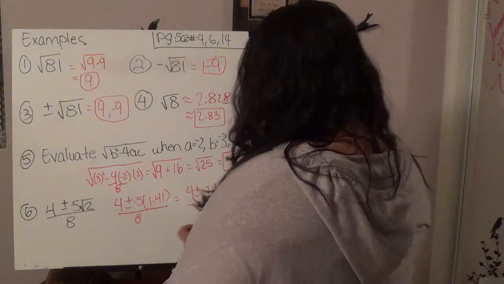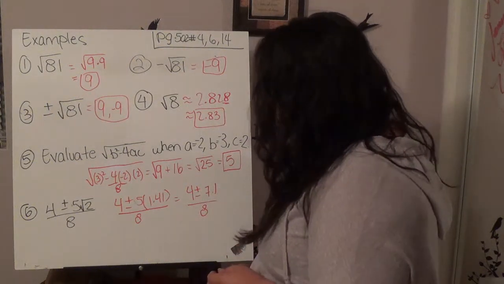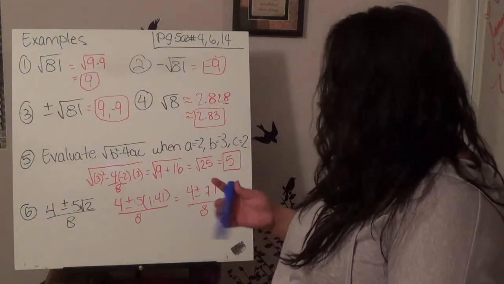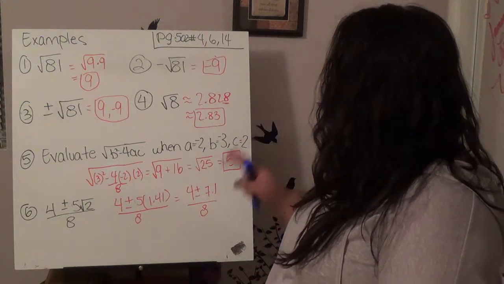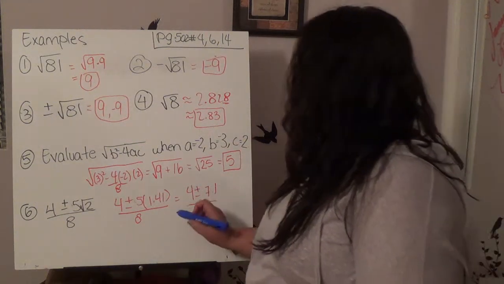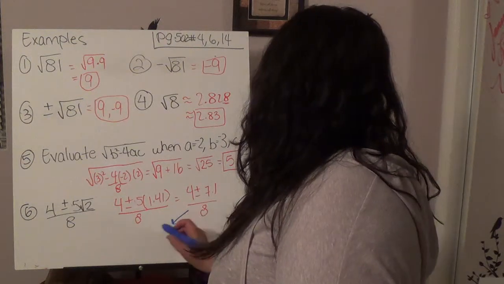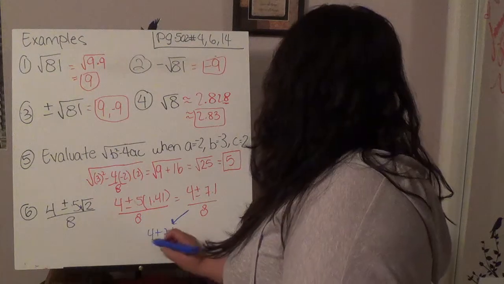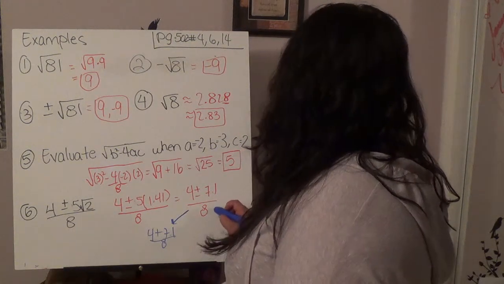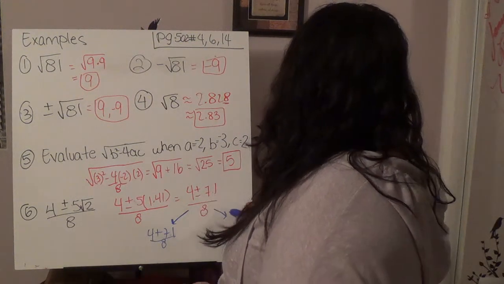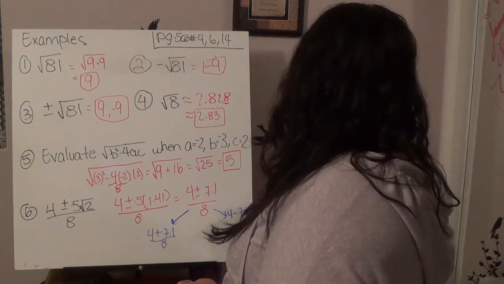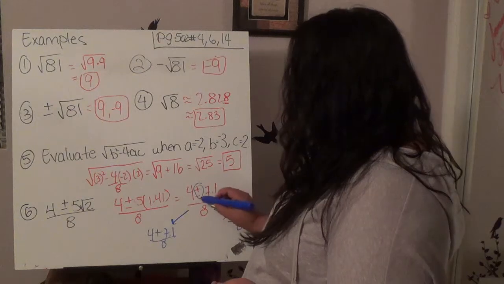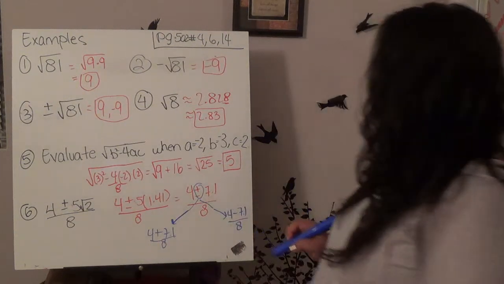Now here's the case. There are 2 answers in here because it doesn't tell me to add or subtract 7.1 from 4. It tells me to do both. So I have 2 answers represented. The first answer is going to be 4 plus 7.1 over 8. The second answer is going to be the bottom one, 4 minus 7.1 over 8. That's how I deal with this. It gives me 2 answers.